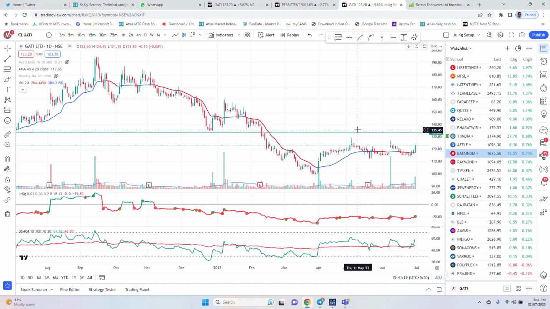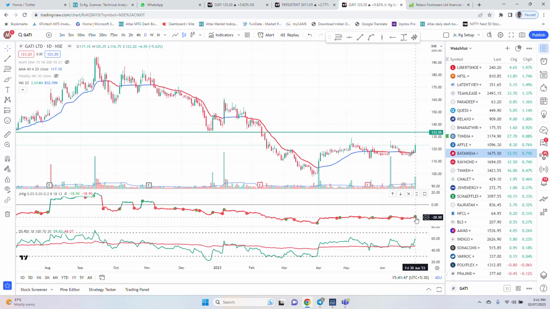This green dot will come whenever there is a buy on the parabolic SAR. So this is a very early indication either to keep this stock in your watch list or to take an entry. Here if you see that volumes are very good, there is a very good bullish candle, so you already got the indication.